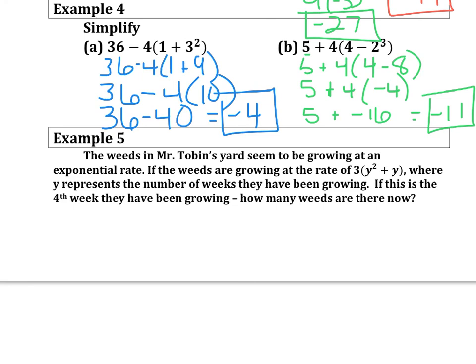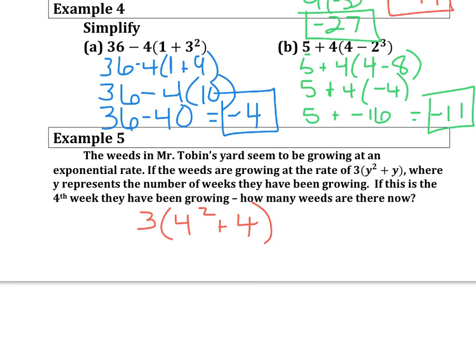So in this scenario, we're given the expression and we're also told the number of weeks. So if this is the 4th week, that means 4 is going in wherever the y is. This is obviously a fictitious scenario, but it just gives you an idea of how to evaluate an exponential expression. So we would simply write our expression down, but this time there will be a 4 anywhere there is a y, so it'll be 4 squared plus 4.